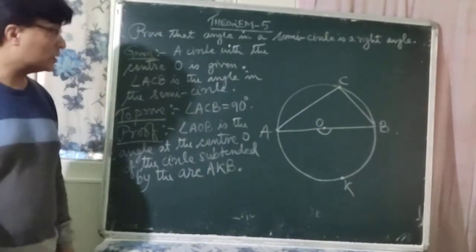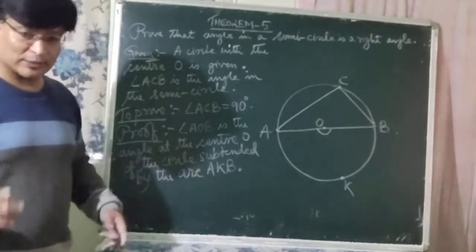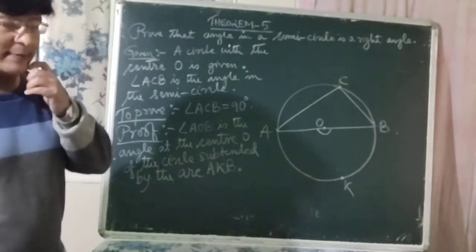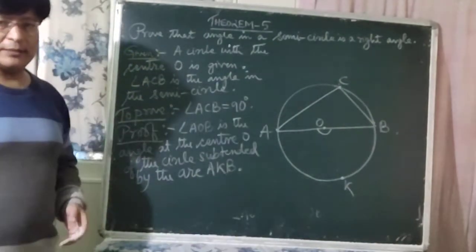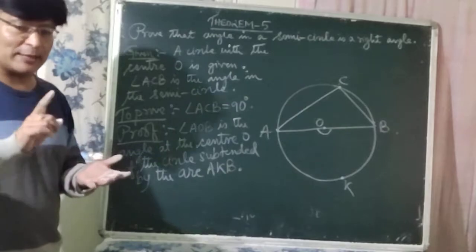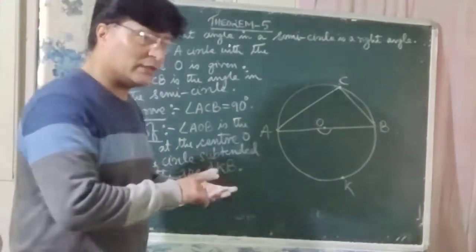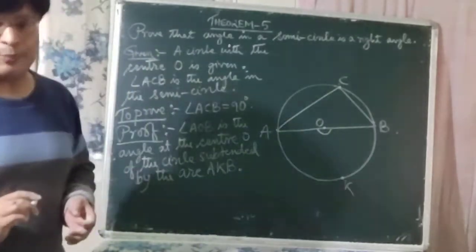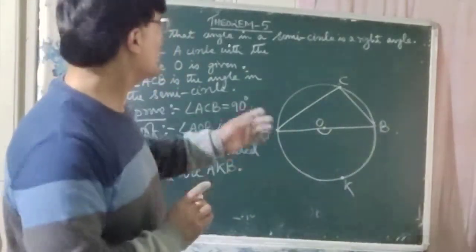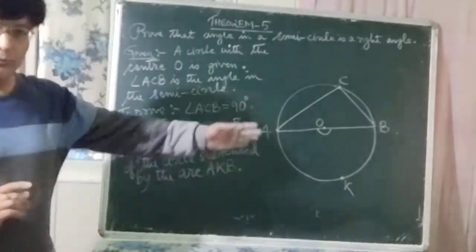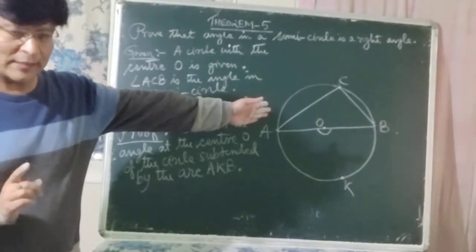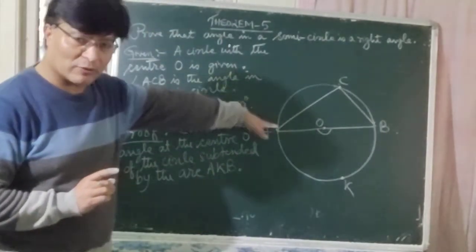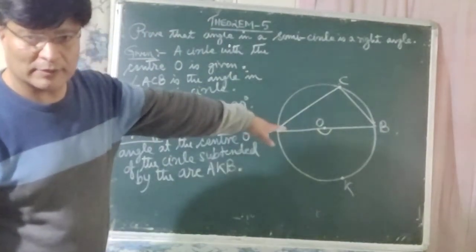One thing to remember: whatever I am writing here, you must write all of it in your notebook. Later, if a question comes to prove that angle in a semicircle is a right angle, you have to write all of this. Understood? Theorem 1, Theorem 2, then we did application theorems, then we did Theorem 3, Theorem 4 and Theorem 5. You must copy all of this in your notebook. Then later in the exam, if such a question comes, you must write all of this with a figure. I told you the other day, if all these portions are written but without a figure, no marks will be given.